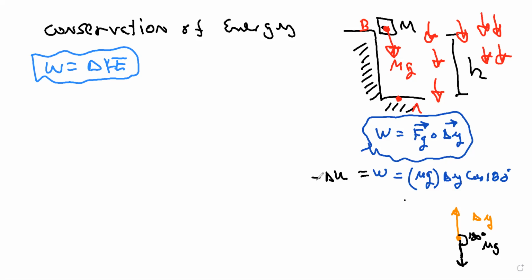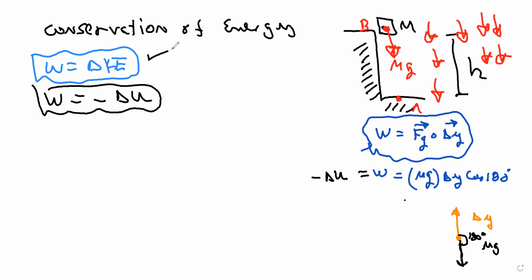And we can say over here that the work is equal to minus delta U. So the work is equal to delta KE, which is the increase in kinetic energy, and this one is the increase in potential energy. So U stands for potential energy.